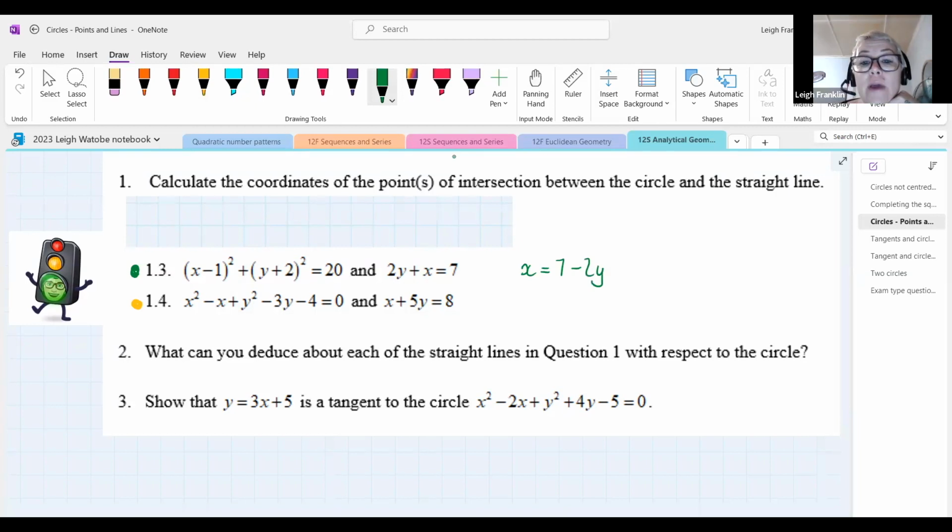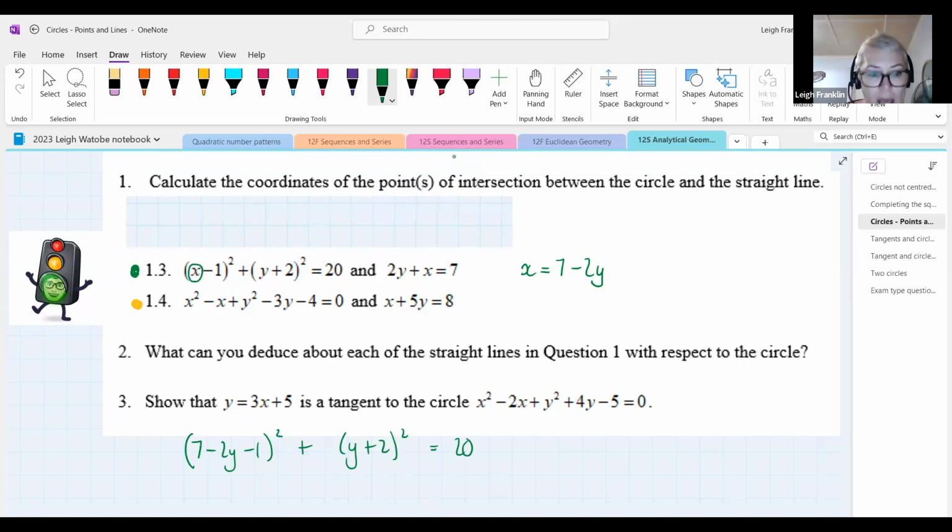Beautiful. Now where do you see x in the previous equation? I've put a little green ring around it. So instead of writing x, you're going to write 7 minus 2y, minus 1 squared, plus y plus 2 squared is equal to 20.